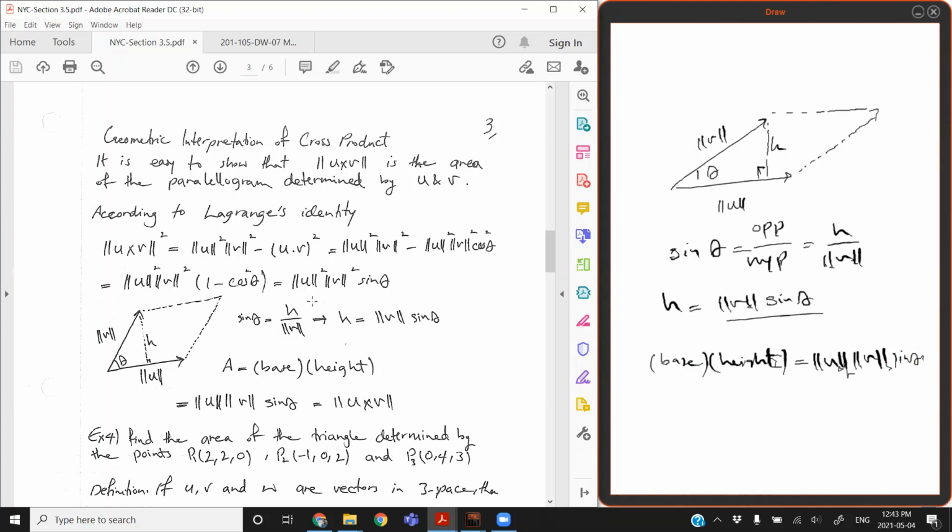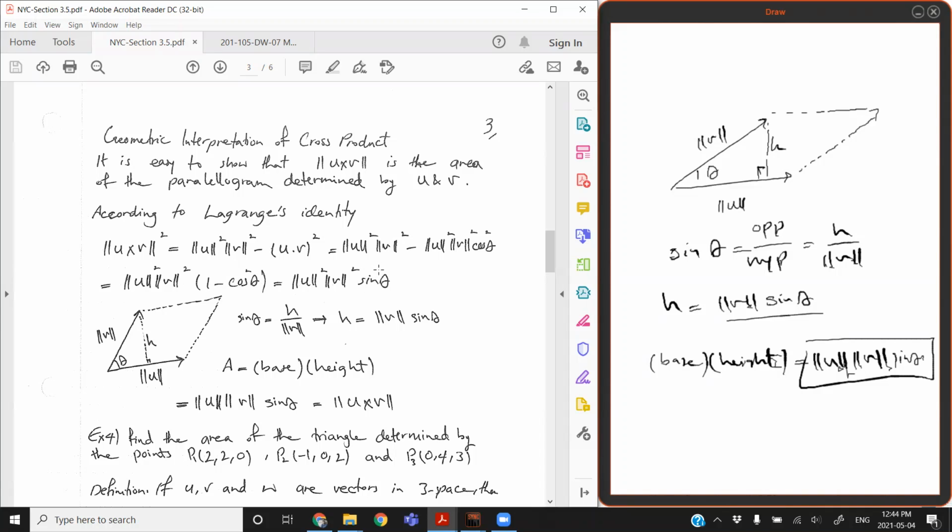So you can see that this formula and what we got over here are basically the same thing. So norm of u cross v squared is norm of u squared times norm of v squared times sine theta squared. I'm missing a squared here. So 1 minus cos theta squared is sine theta squared.